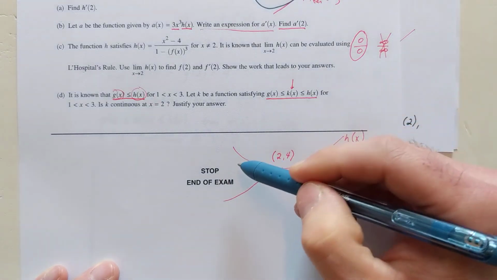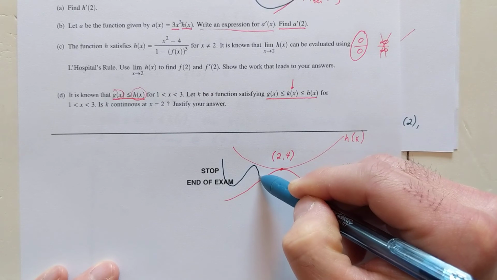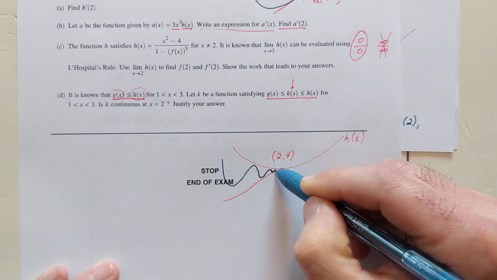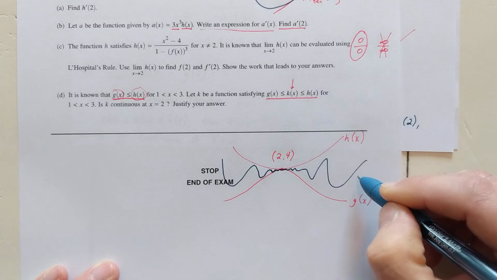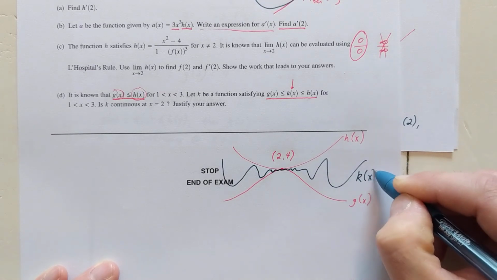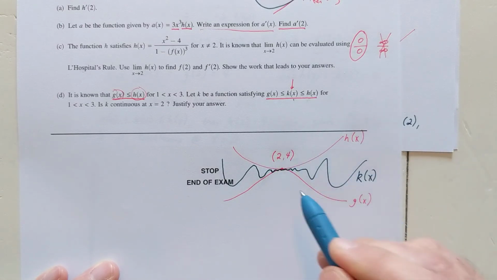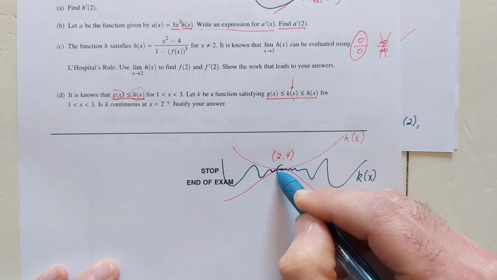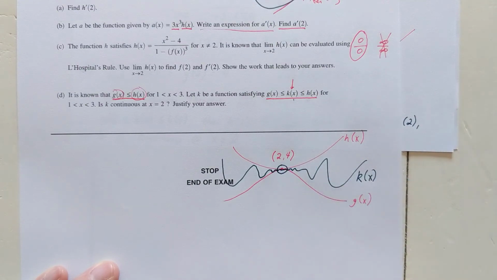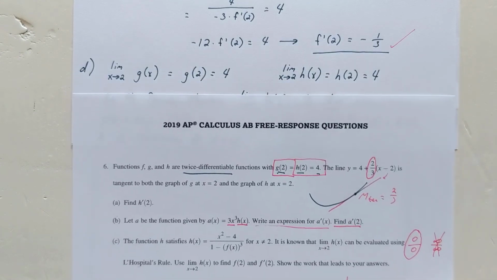So what very often happened back in chapter 2 is that our middle function would just kind of be something that would be oscillating back and forth, but it would have to pass through that same point in the middle here in order for k of x to satisfy this given bit of information right over here. So what that shows us right here is that k of x has to pass through that same point right there of 2, 4. So let's take a look at how we actually justified that for our answer here.